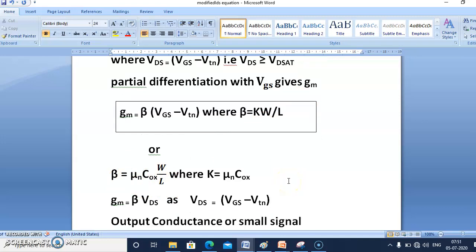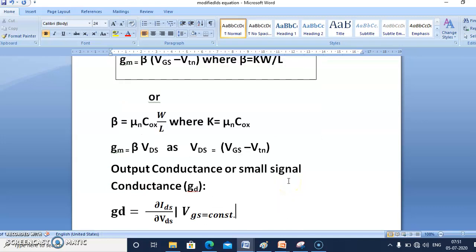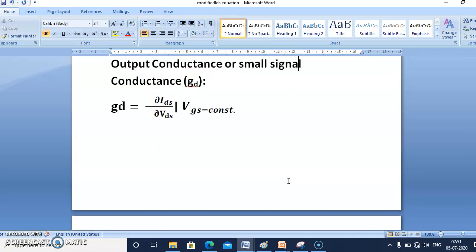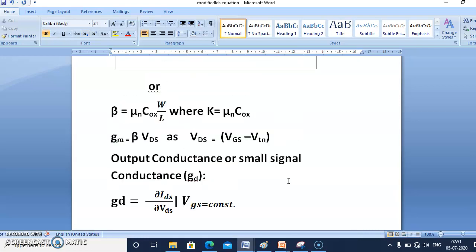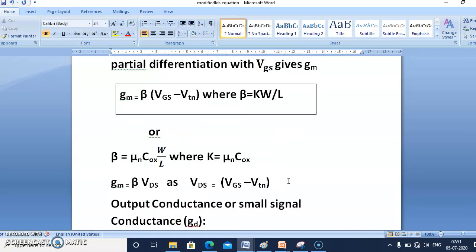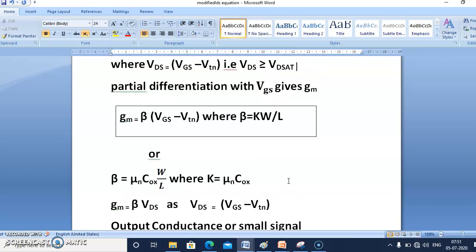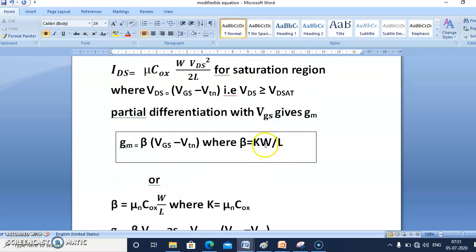So what is ultimately that we got? GM, the transconductance, is equal to beta into VDS sat in short. What is VDS sat? VGS minus VTN. So beta is equal to KW by L, and GM is equal to KW by L into VGS minus VTN.